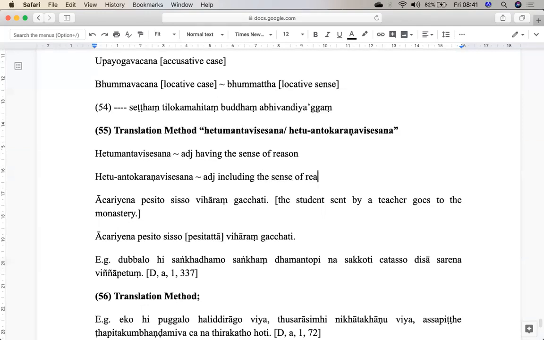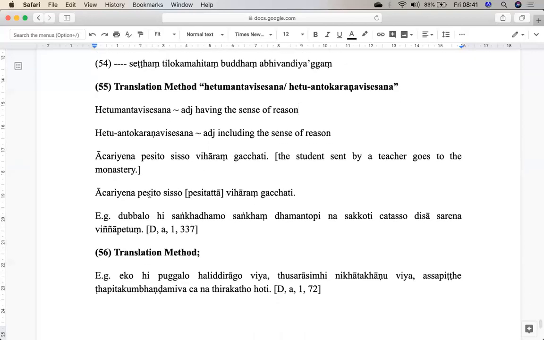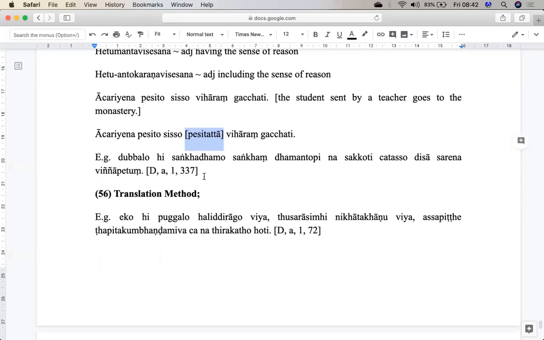The same meaning, but two terms we use in this way, having the sense of reason or including the sense of reason. So here, the basic word can be understood as a kind of reason. That is why this adjective is a kind of hetu manda visesana or hetu antogadha visesana.